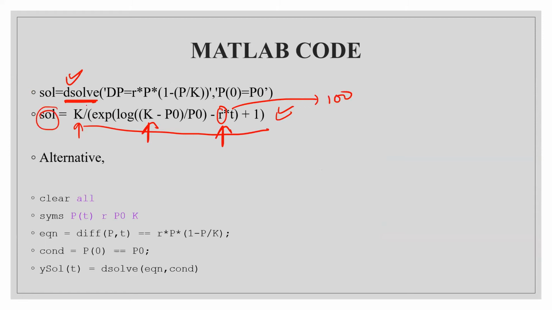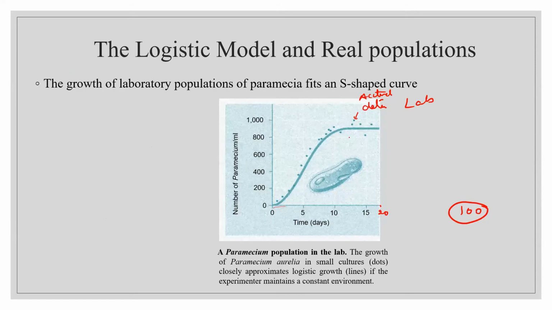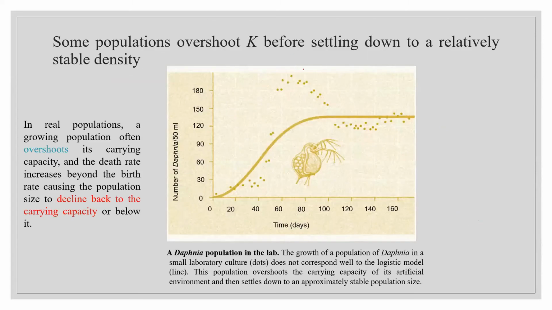Solution means the population the paramecium will have after 100 days. Obviously, it would be around the carrying capacity only. But this is the beauty of differential equations, that you can somehow predict the future if you get the fitting parameters.